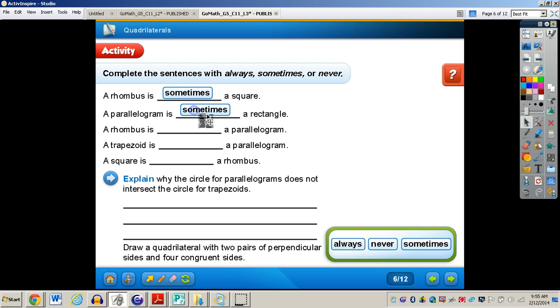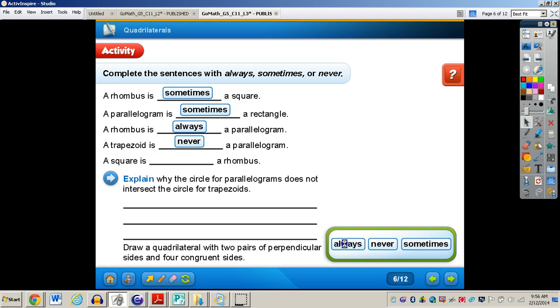And it's also important to think about the attributes of a square, a rectangle, and a parallelogram, and also the attributes of these different types of quadrilaterals as well, rhombus and trapezoid and so on. We can see that a trapezoid is never a parallelogram, and a square is always a rhombus. Now we want to talk about the explanation part.